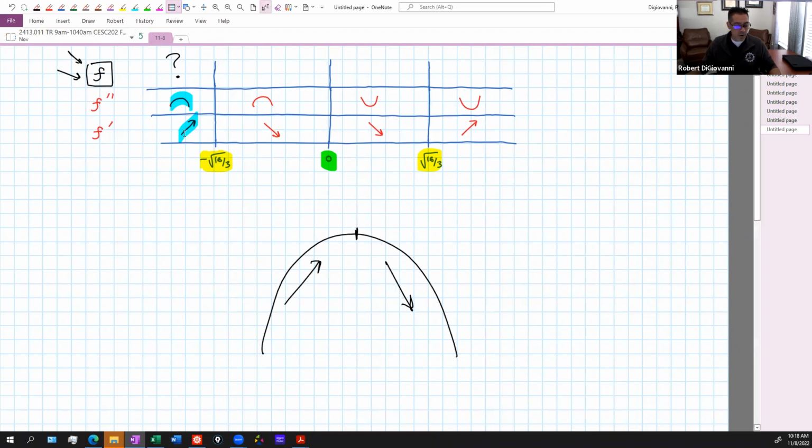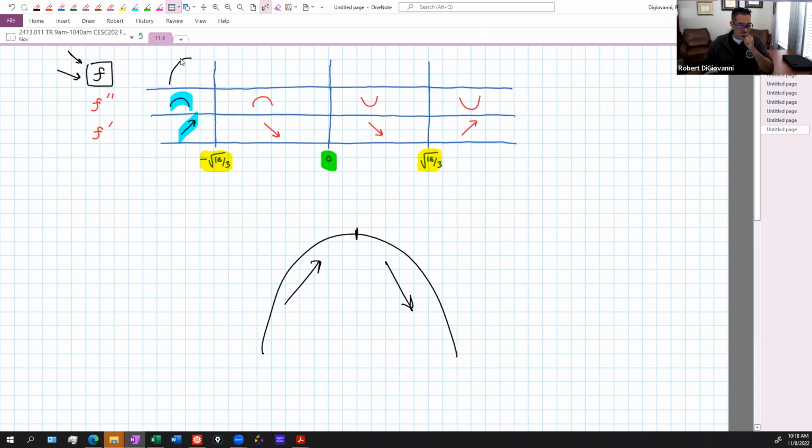So the only way to be going up a frown is to be the left side of a frown, right? So that tells me that my original function must look like the left side of a frown. That's what's happening to the left of negative root 16 over 3. My graph looks like the left side of a frown.